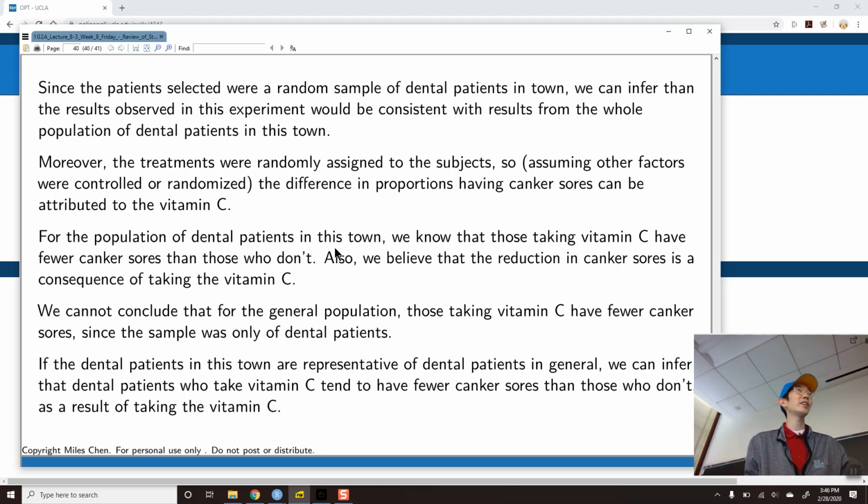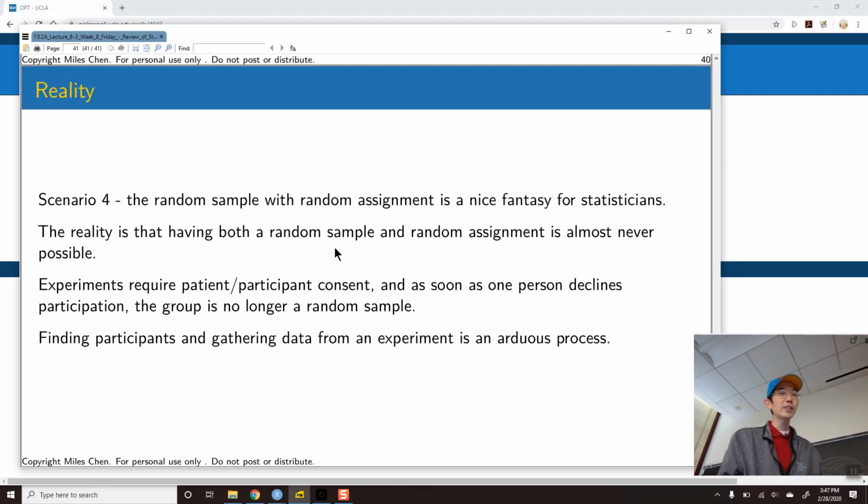And if your experiment has anything to do with, say, whether you mistrust authority, then the people who consent to be part of your experiment and the people who don't might look different from each other. And so in reality, it's very rare to have both random sample and random assignment.